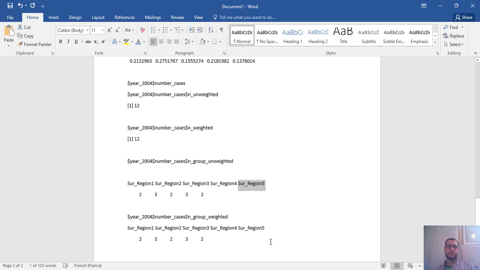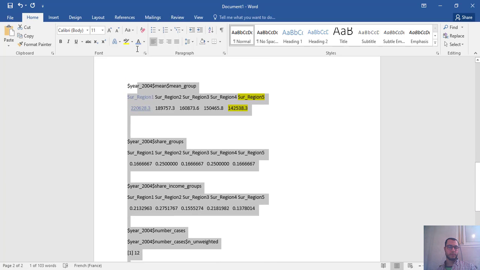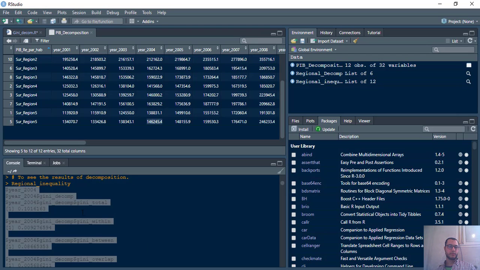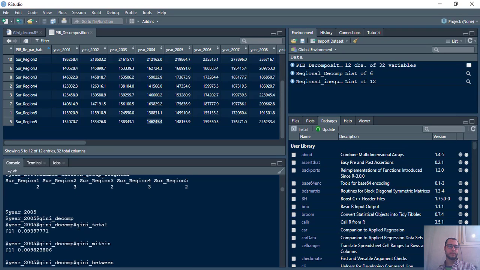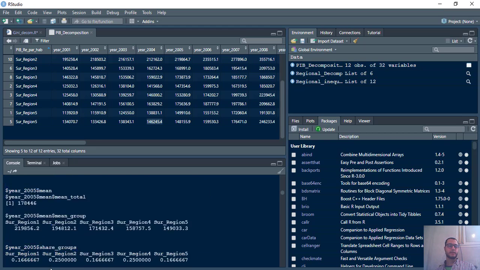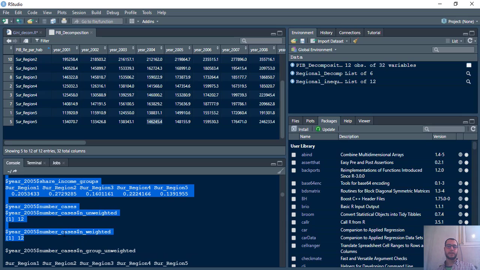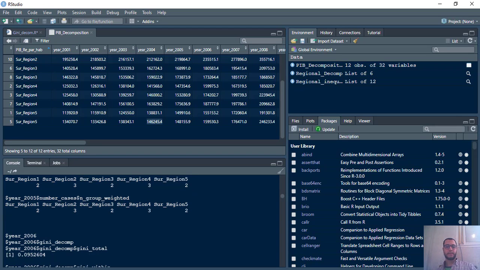So what we have explained here is just for the year 2004, and here we have from 2004 to 2015. We have also this for 2005. It's the same interpretation or the same explanation, but the results are different.